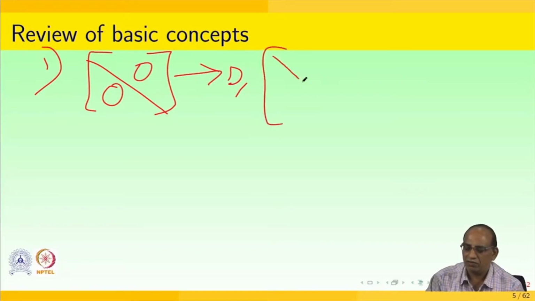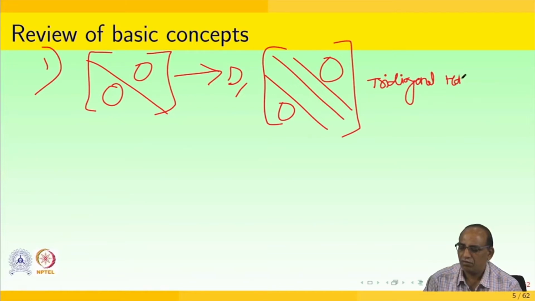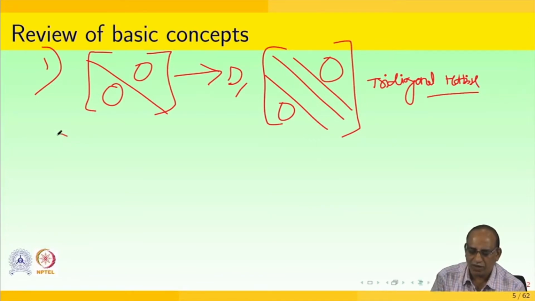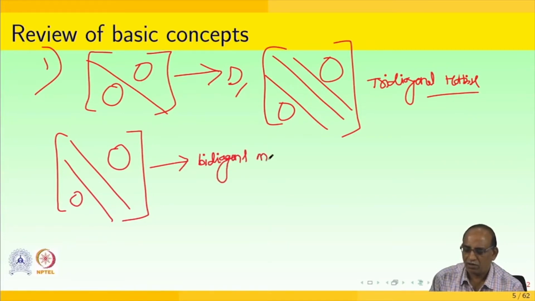And you will have a tridiagonal matrix, then a bidiagonal matrix.